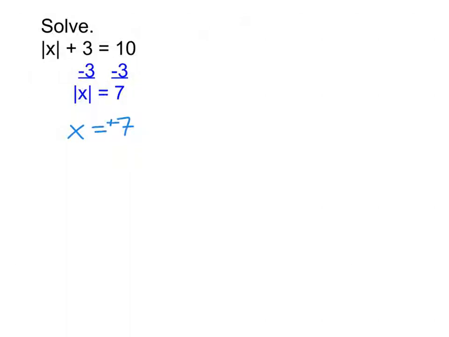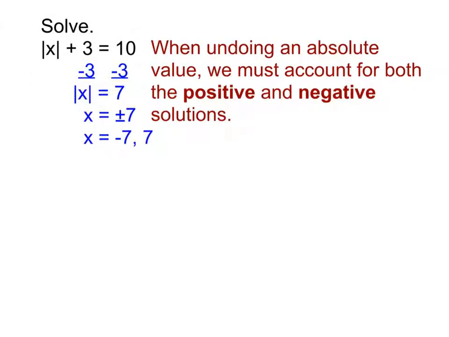So you'll notice that in order to get rid of absolute value bars, we end up having to put in another plus or minus. So in order to undo absolute value, we again must account for both the positive and negative solutions, because the absolute value of a positive and a negative number give us the same thing. And yes, this would be your complete answer for this one, x equals negative 7 and 7.